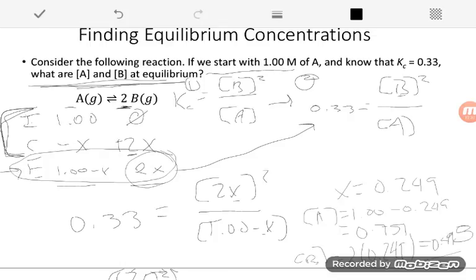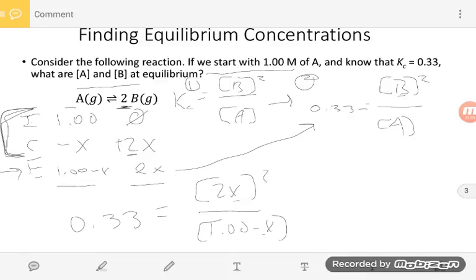Squeezing it in there. So sometimes I'll also just write it under my ICE table. So 1 minus 0.249 gives me 0.751, and 2 times 0.249 gives me 0.498. So now I have the equilibrium concentrations of A and B, which are what I wanted.